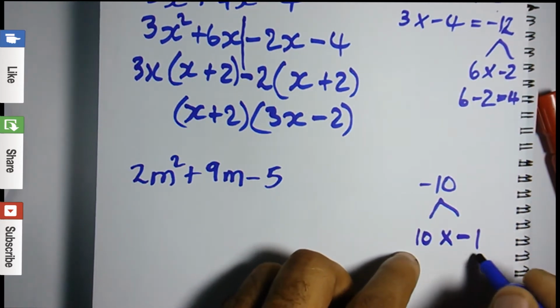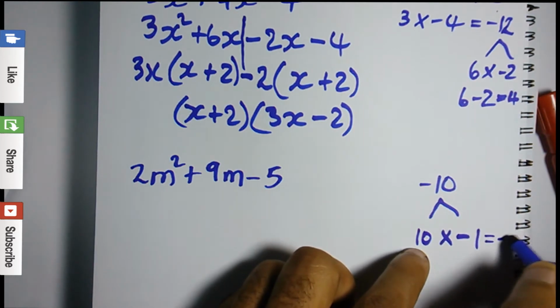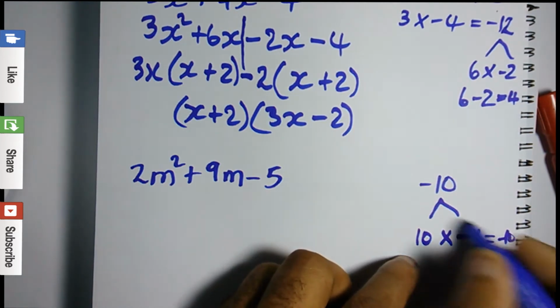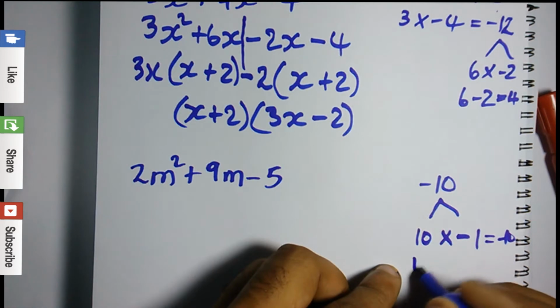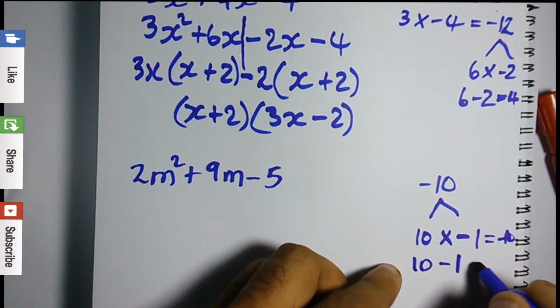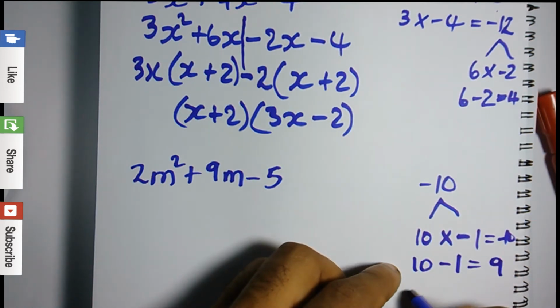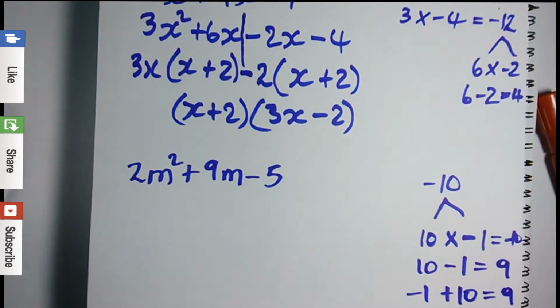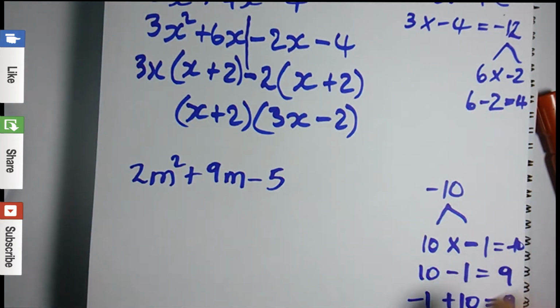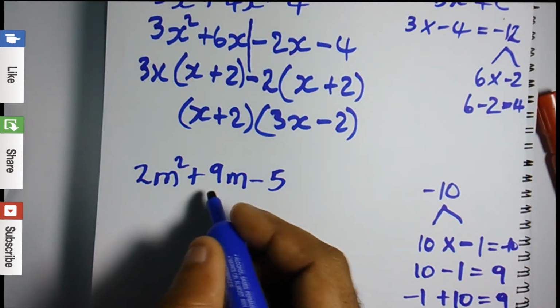So 10 times minus 1 will give us negative 10. And when I add these two, whether I write it as 10 minus 1, it's going to give me 9, or minus 1 plus 10, it's going to give me 9. So whether I'm adding the components or subtracting them, I should get the middle term.